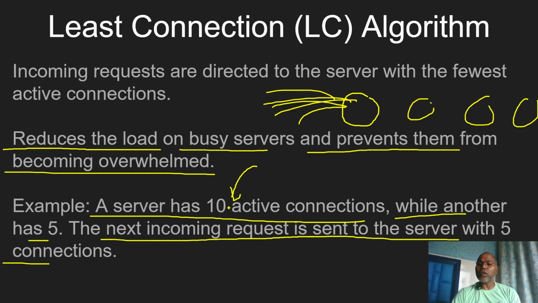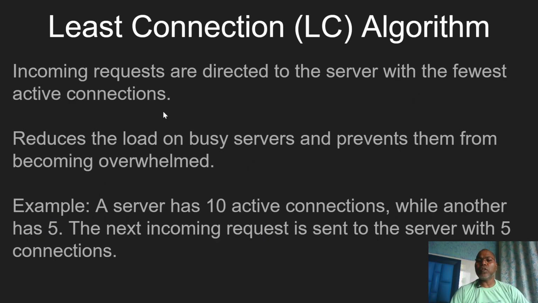So the next request does not go to make it 11, because the other server only has 5 active requests. So these are also very good algorithms, ensuring that a particular server is not going to be overloaded.